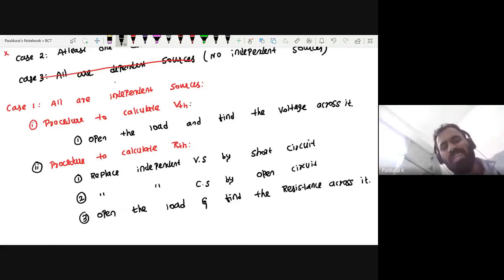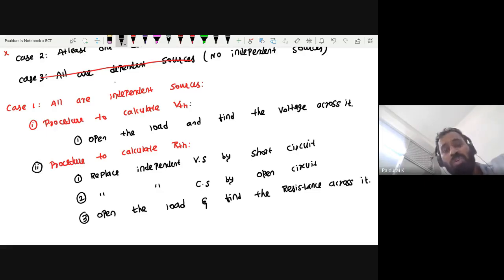Now take the procedure. I will solve one problem, then automatically you can understand this procedure. So case 1, if all are independent sources, how to find VTH and how to find RTH? The procedure is very simple. To calculate VTH, just open the load and find the voltage across it. To calculate RTH, you replace all independent sources by their internal impedance.